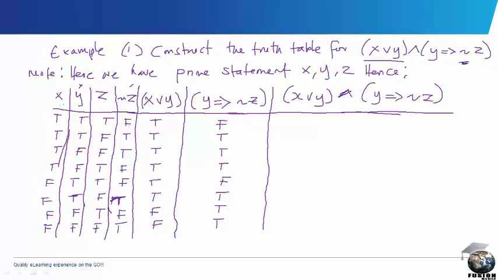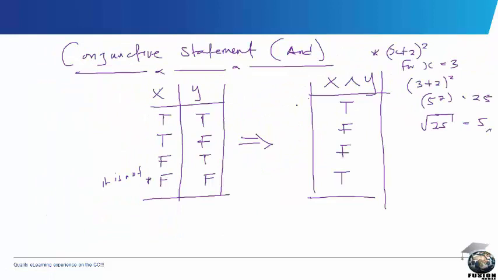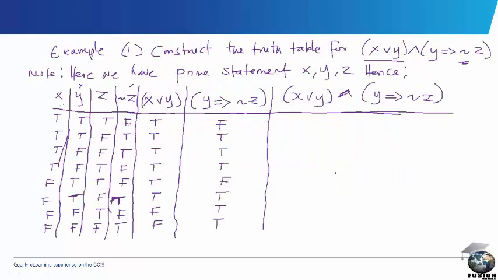Yeah, it's the sign for the and. So we take a look at what happens to the and statement, the conjunctive statement, and we find out that when it is true for the two statements, the outcome is true. When it is true and false, the outcome is false. When it is false and true, the outcome is false. And when it is false and false, the outcome is true. And so we go back and apply those principles here.